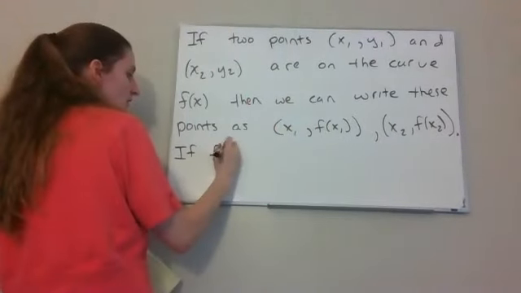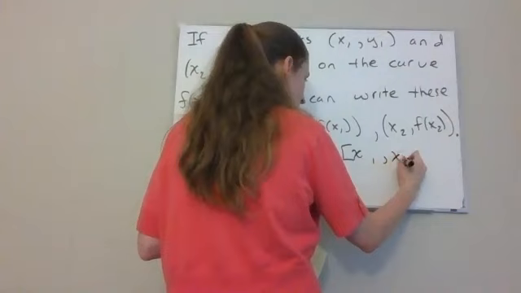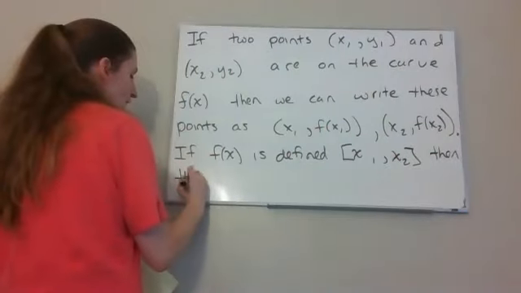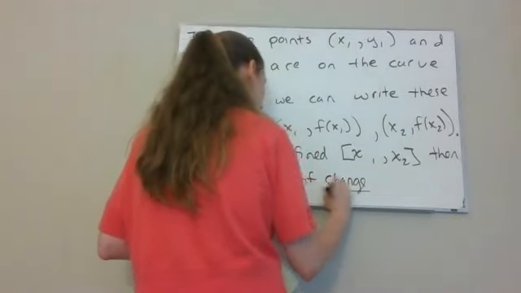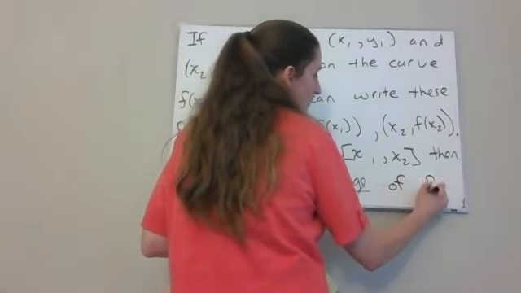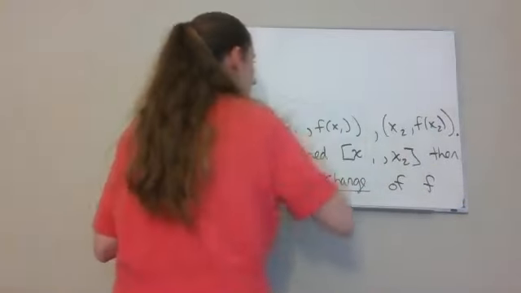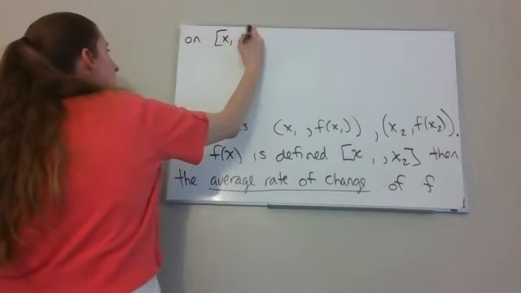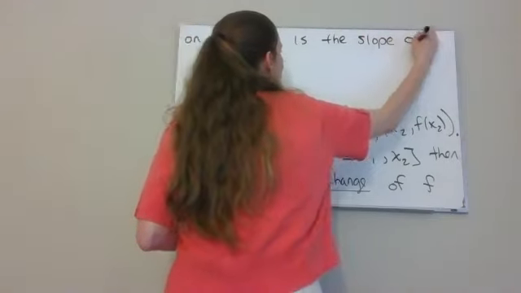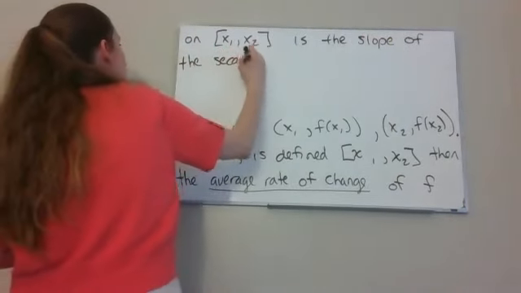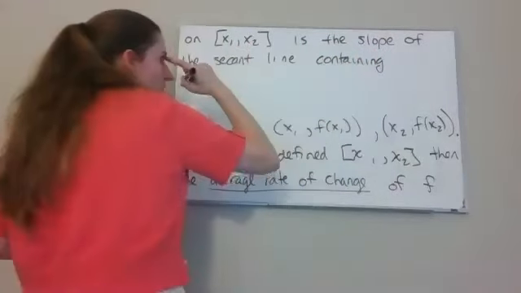If our function is defined on the closed interval x1 to x2, then the average rate of change of our function on the interval x1 to x2 is the slope of the secant line containing these 2 points.